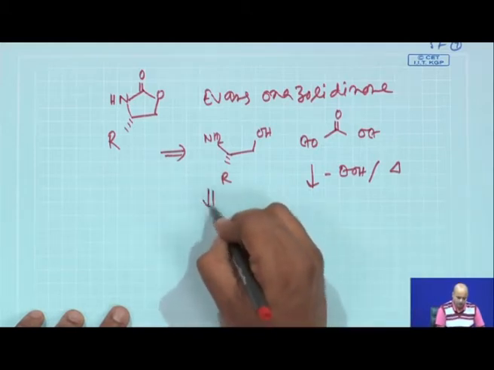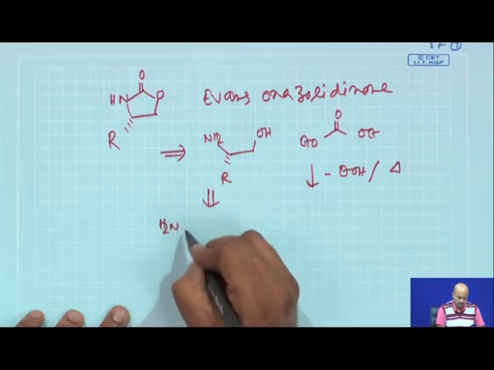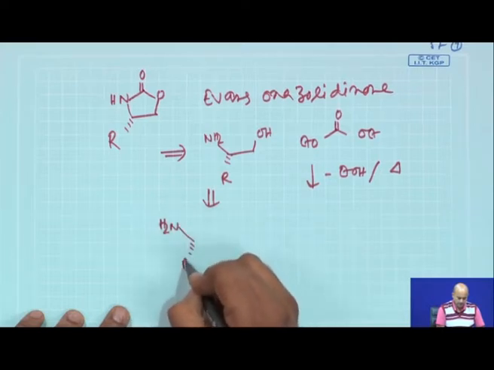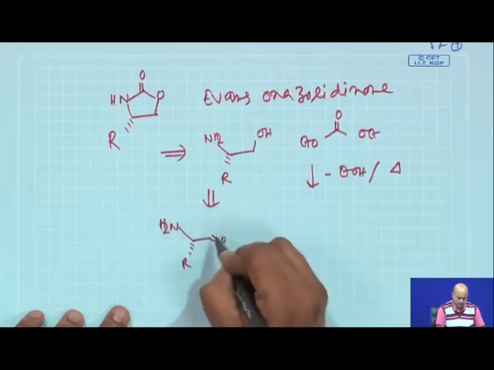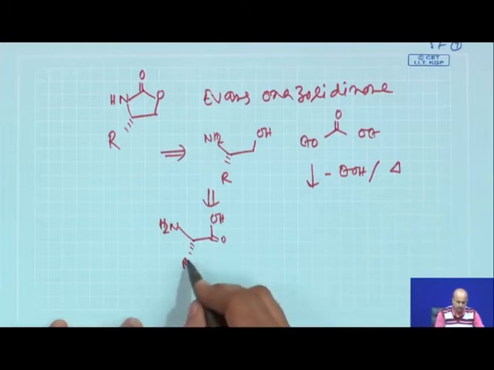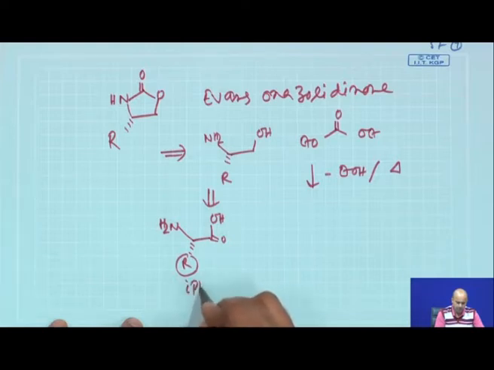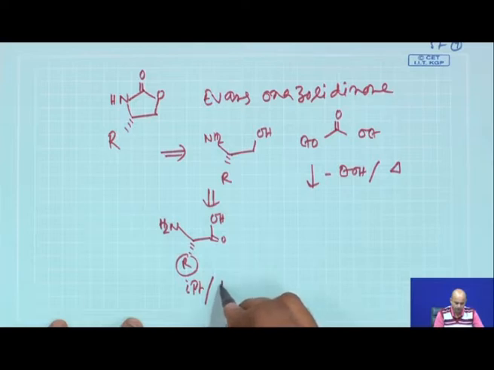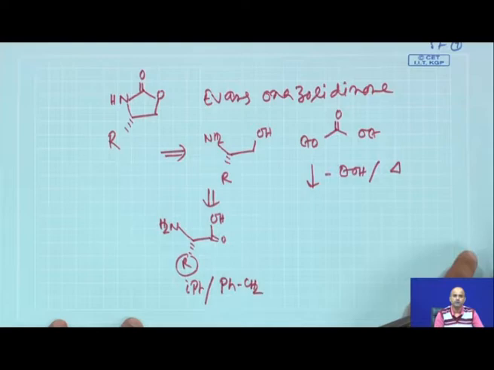This amino alcohol you can simply get from the corresponding amino acid. Once the oxazolidinone is made, this R group should be a little bit bulky. So, normally you prefer isopropyl, which means the amino acid valine, or PhCH2, which is phenylalanine. These compounds are commercially available.